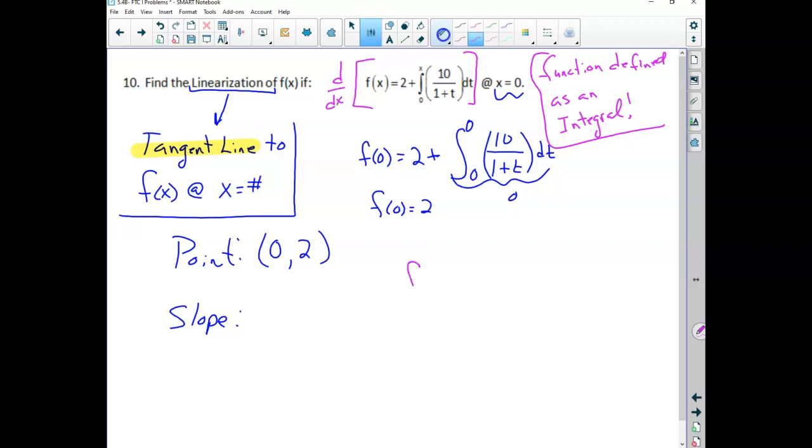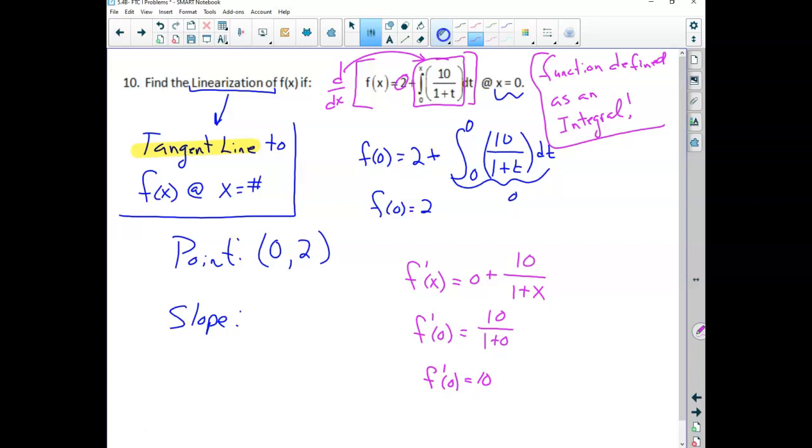So f prime of x, the derivative of f of x, equals the derivative of 2, which is 0, plus the derivative of the integral from 0 to x of 10 over 1 plus t dt. That's the antiderivative, then I take the derivative. That's just 10 over 1 plus x. So f prime of 0 is actually going to equal 10 over 1 plus 0. Oh, f prime of 0. Look at that.